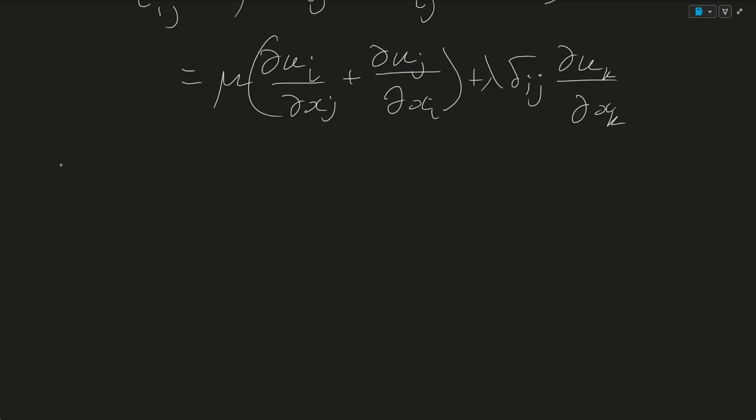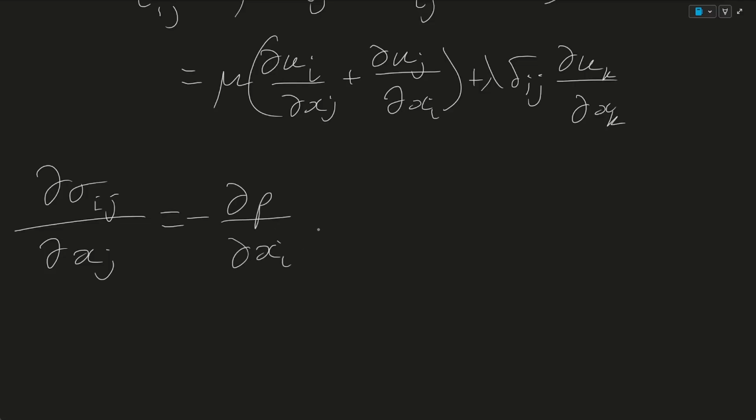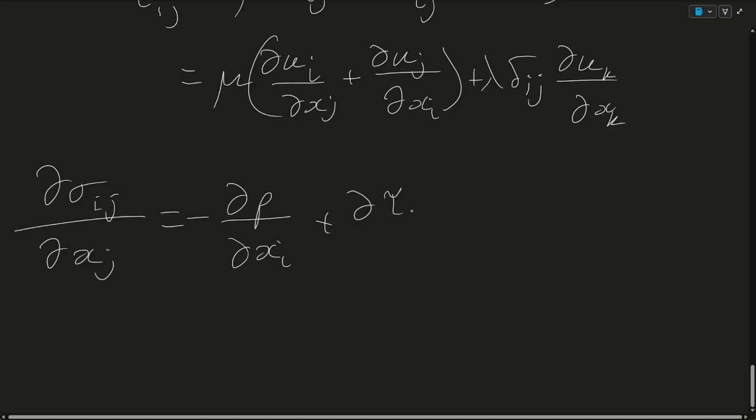So we can write that out fully and say that it is equal to minus dp/dxi plus d tau ij/dxj. That'll do.